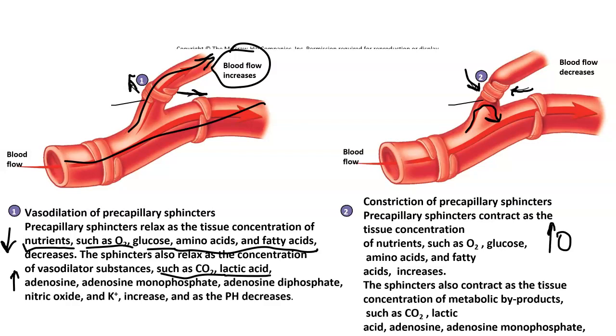High levels of nutrients such as glucose, fatty acids, amino acids. At the same time, there will be low levels of waste such as CO2 and acids. So you should know the conditions that correspond to active tissue, and that those conditions are going to relax the precapillary sphincters to allow more blood into the tissue, and the conditions that constrict the precapillary sphincters when tissue is not active.